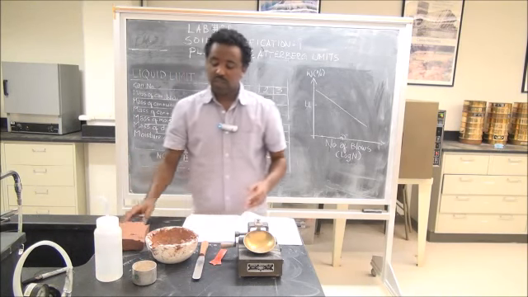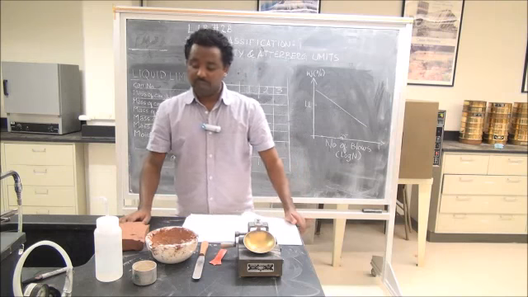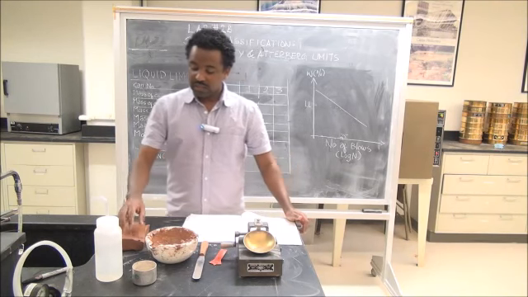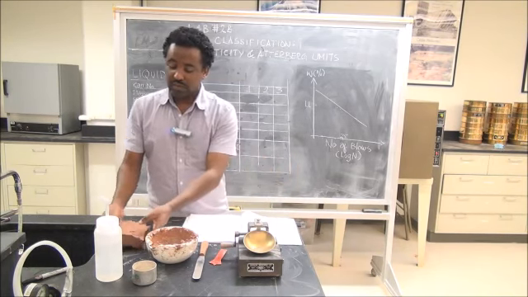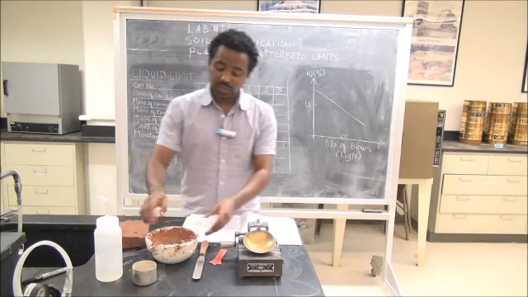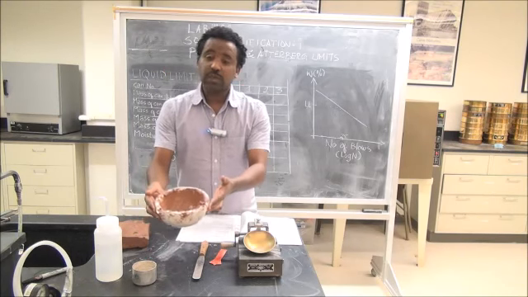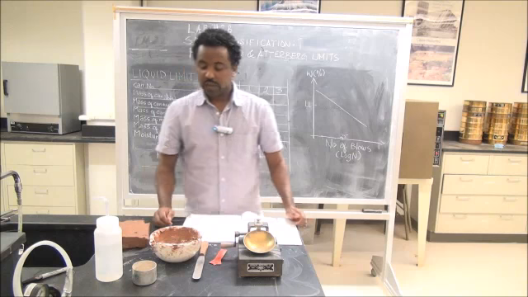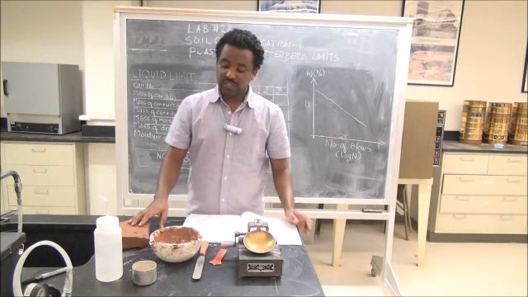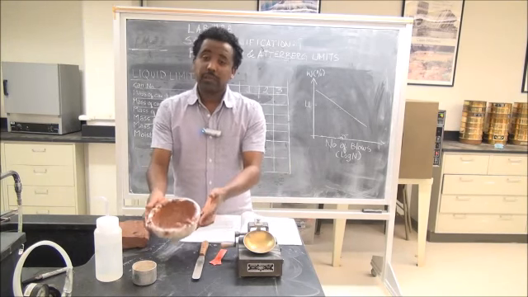For this test, we need about 150 grams of soil. Once we measure 150 grams, we put it into the ceramic bowl. For this demonstration, I have already prepared a paste.